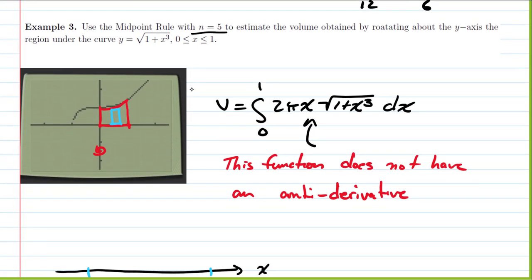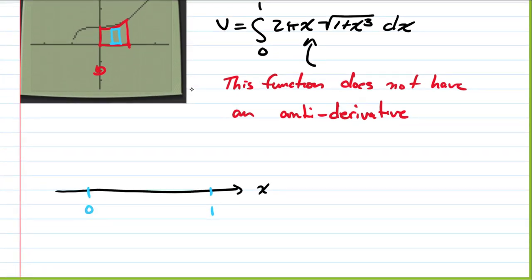So we're going to use 5 approximating rectangles. So our delta x is always b minus a over n. So our limits of integration are 1 and 0. So it's 1 minus 0 over n, which is 5. So it's 1/5. That gives us our delta x.